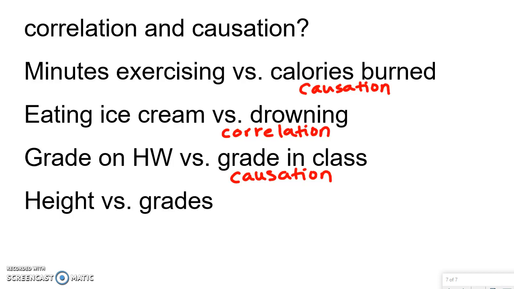Height versus grades. Well, you can look at this one of two ways. If you're talking about height, like everybody in 9th grade, then the height of the 9th grader is not going to affect the grade, and actually there's probably not even a correlation here. So we could say no correlation.